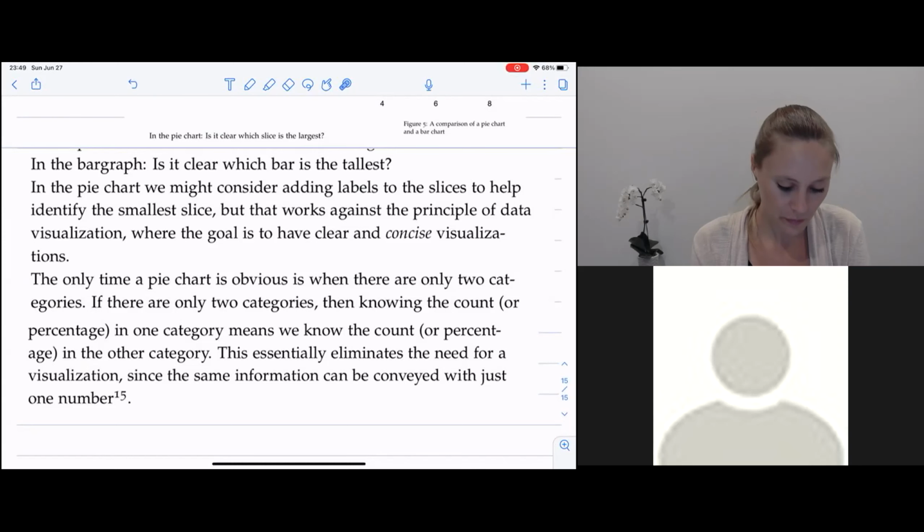Knowing the count or the percentage in one category means we know it in the other category, which essentially eliminates the need for a visualization, since you can just say the one number, right?